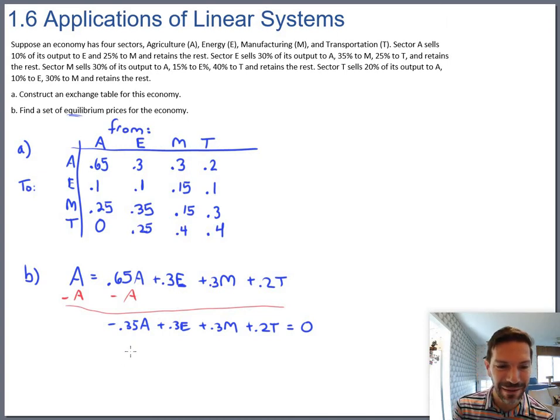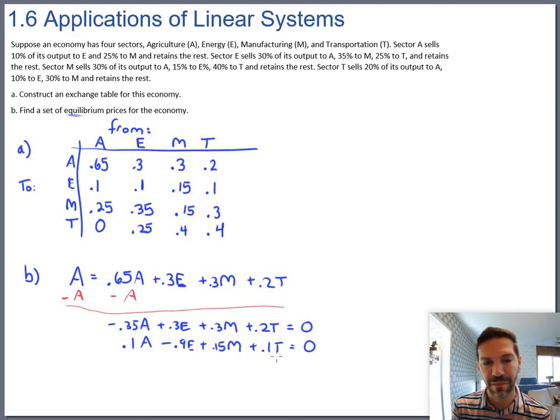But anyway, the next line will end up looking like 0.1 A, and here's where we get the E moved over to subtract from this, so this will be negative 0.9 E plus 0.15 M plus 0.1 T equals 0. So do that again 2 more times.